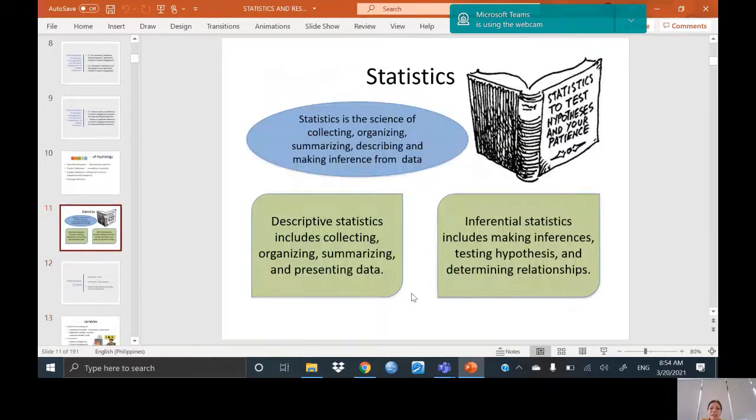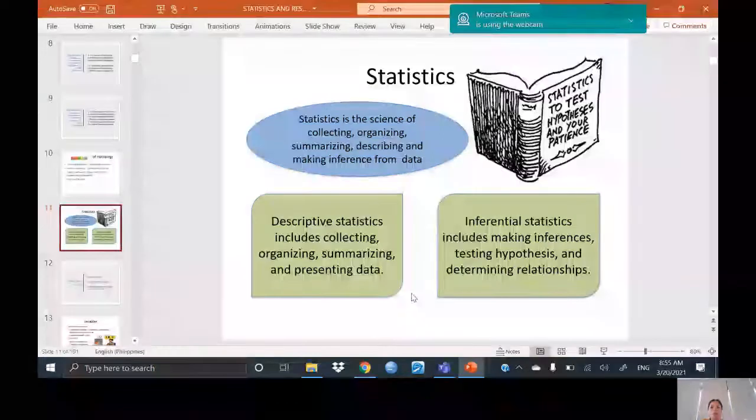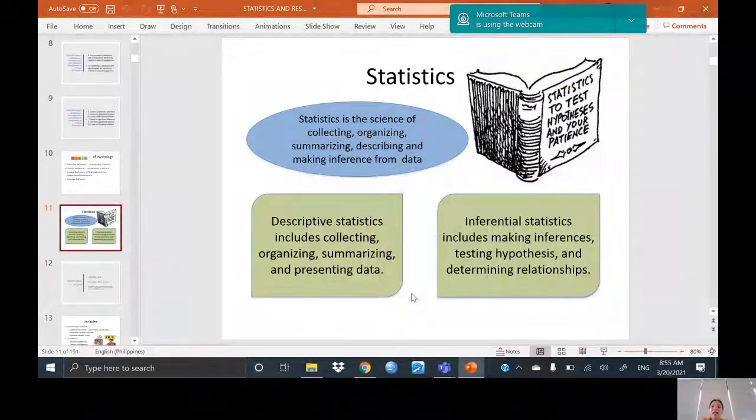Okay, what is statistics then? If you would remember from your previous elementary statistics, statistics is the science of collecting, organizing, summarizing, describing, and making inference from data.